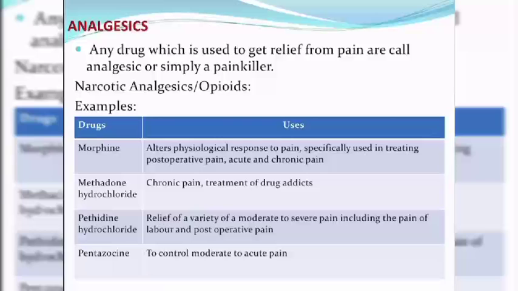That will give us numbness, or create an emotional reaction to the pain. As it says, the pain may be present but may not be perceived as painful. So these are some examples of analgesics, especially narcotic analgesics, and their uses.